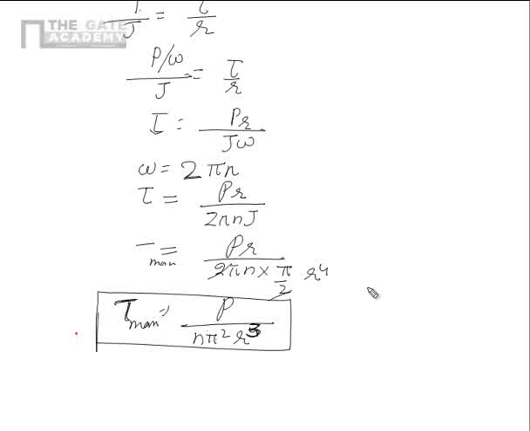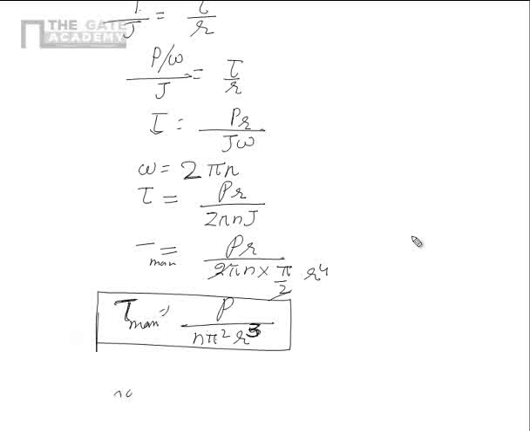Now, obviously, in this case, we can modify it further to have torsion, or rather the maximum torque, for a tube instead of our solid shaft. We can modify it suitably to get the power transmission for a tube, wherein the J value will become 2 pi r cube t. So in that case, it will become 4 pi square n r square t.